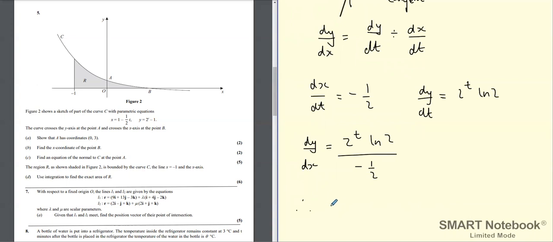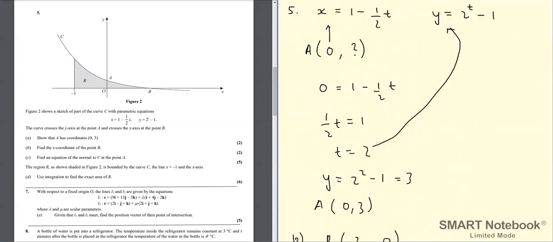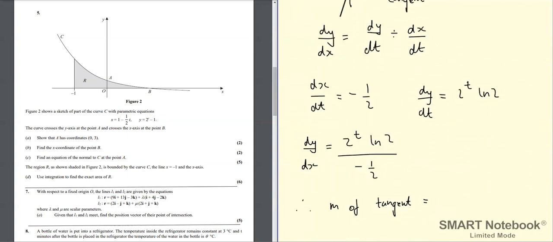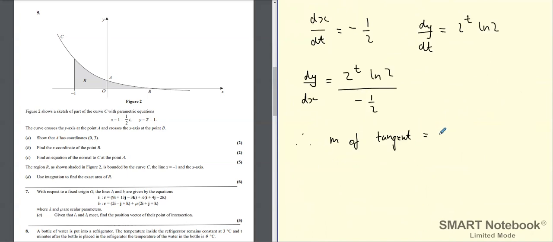And therefore, I can say m of tangent equals, we worked out the t value for A earlier, and t was equal to 2, so we can substitute that in now. 2 to the power 2 ln 2 over minus a half. 4 over minus a half is going to be minus 8 ln 2.